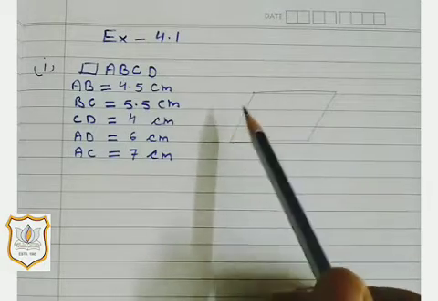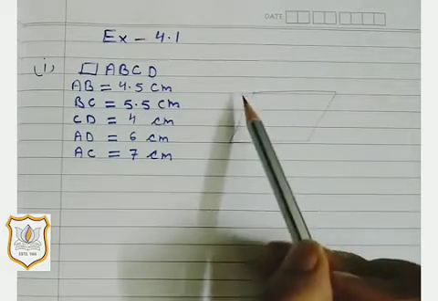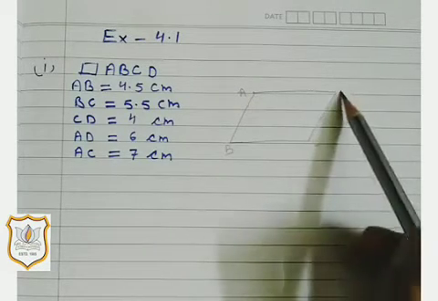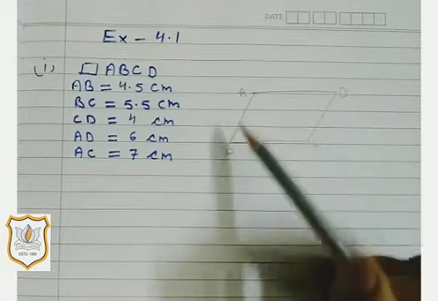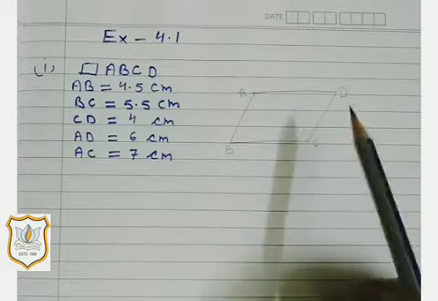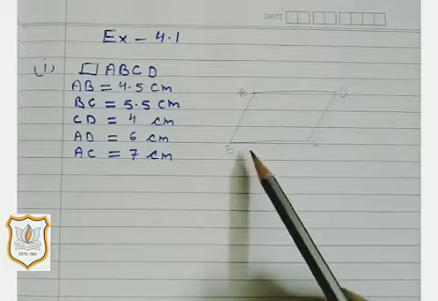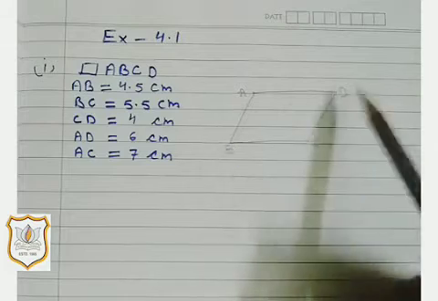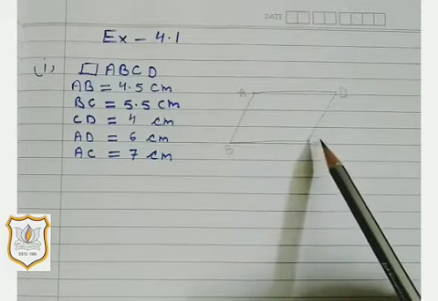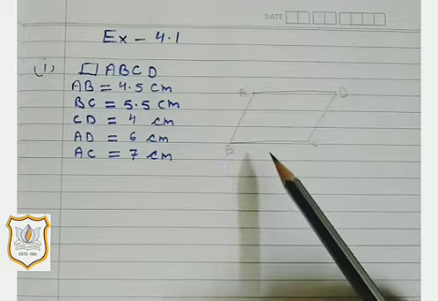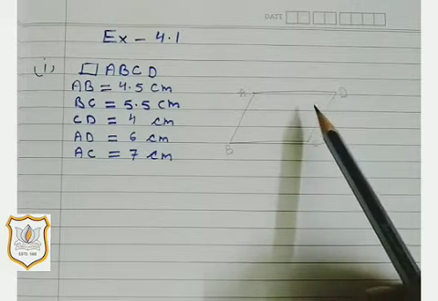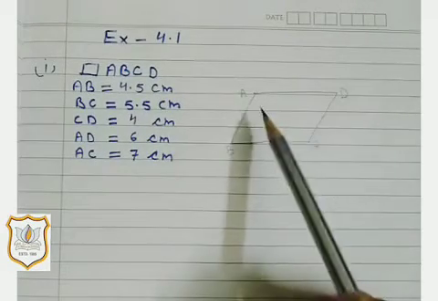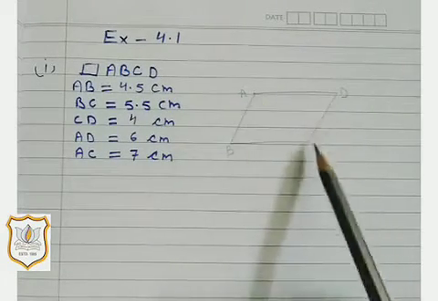So first we give the name of the quadrilateral, A, B, C, D. Students, you can give the name of this quadrilateral as per your choice, anti-clockwise or clockwise.